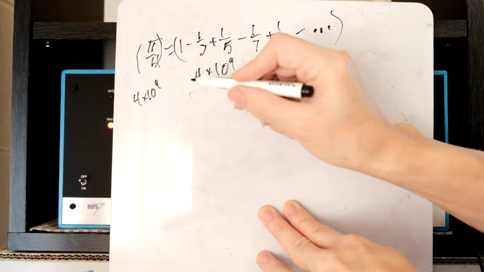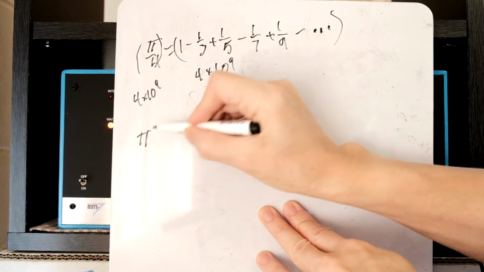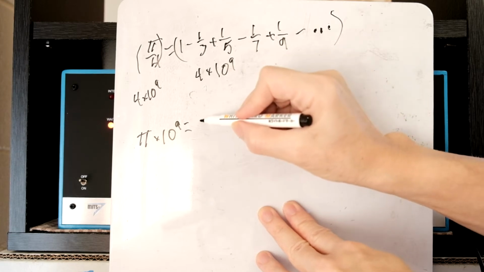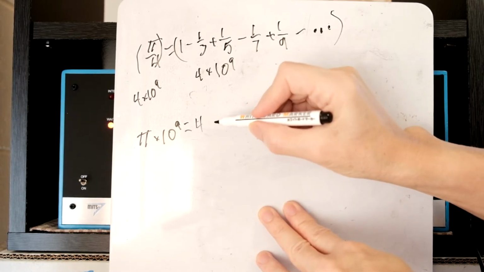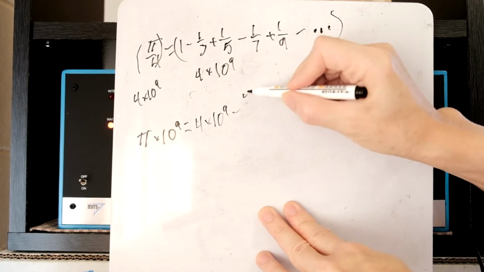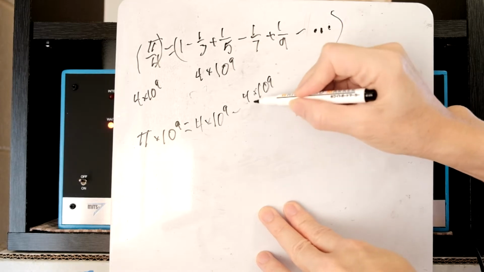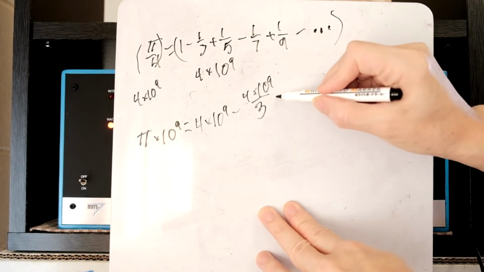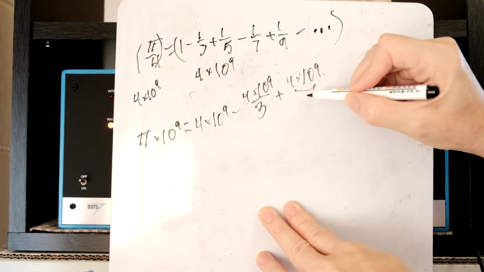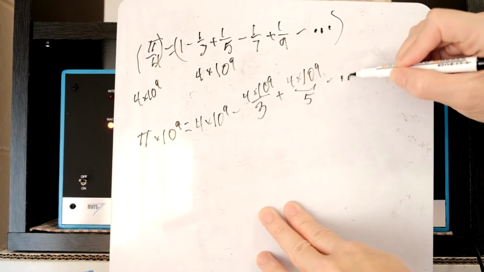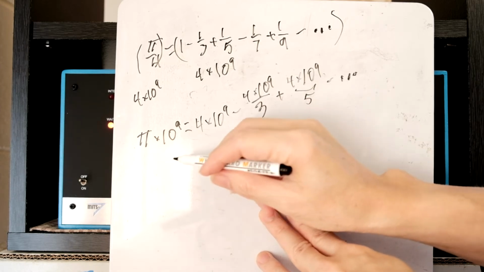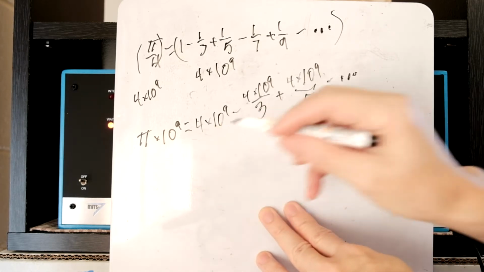So that'll give us pi times 10 to the 9 equals 4 times 10 to the 9 minus 4 times 10 to the 9 divided by 3 plus 4 times 10 to the 9 divided by 5 and so on. So we'll just get a whole number pi.